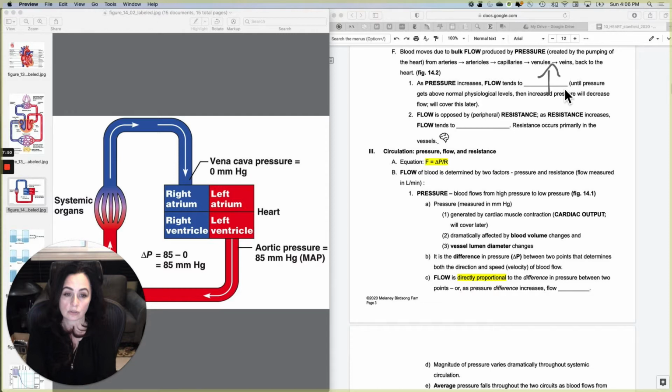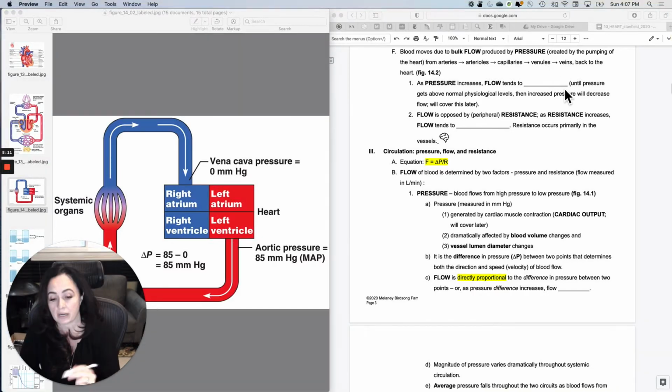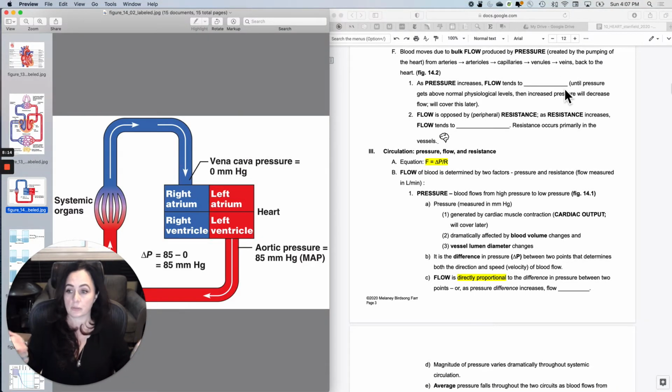The general trend, with an asterisk, is that as pressure increases, flow tends to increase. A way to think about that is the pressure in your pipes. If you turn up the water pressure, the flow tends to increase.